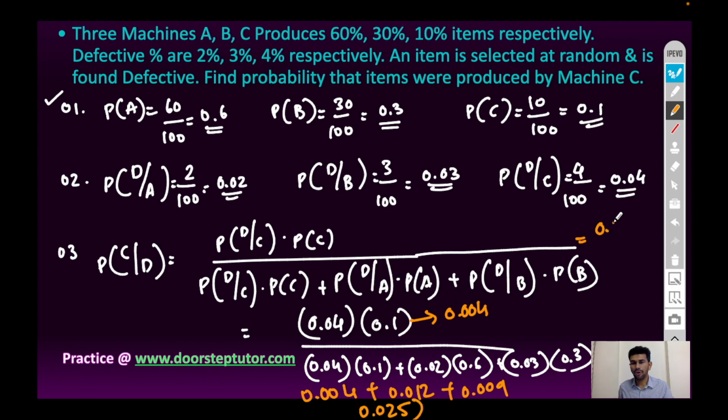So 0.004 divided by 0.025, that is 4 divided by 25. The probability of the defective item being from machine C is 4 out of 25. Our answer is 4 by 25.